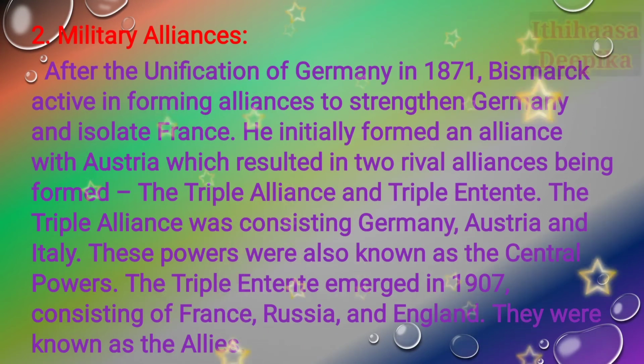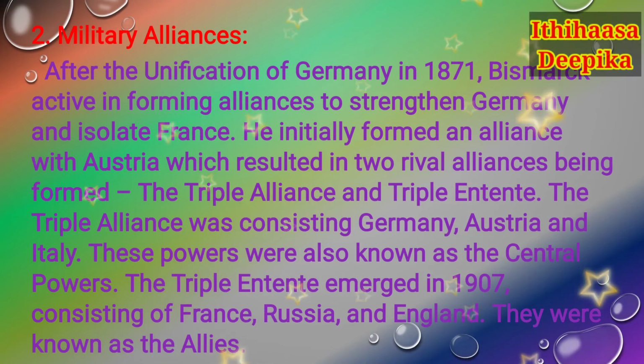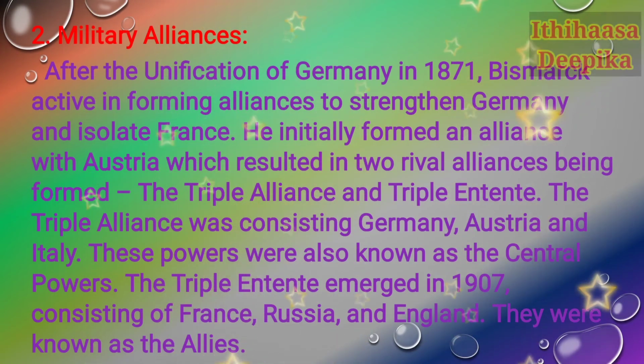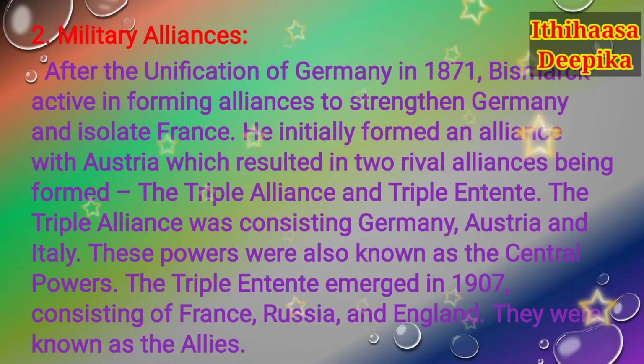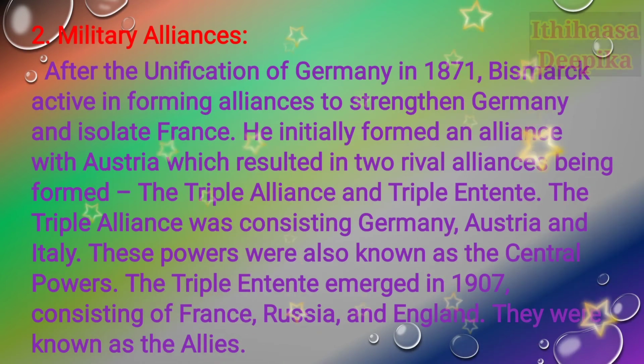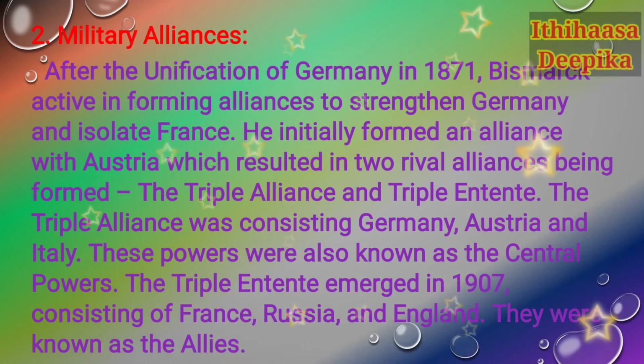These powers were also known as the Central Powers. The Triple Entente emerged in 1907, consisting of France, Russia, and England. They were known as the Allies also.